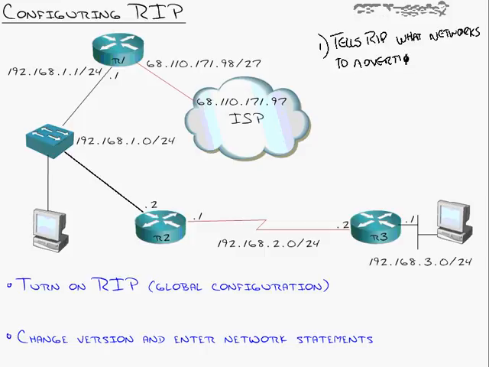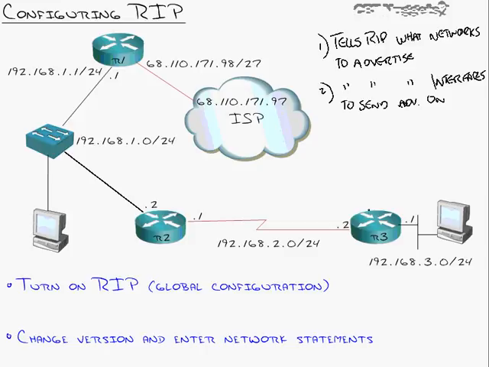The second thing it does is tells RIP what interfaces, and this is going to be some horrible English, but I can't think of a better way to say it, tells RIP what networks to advertise, and it tells RIP what interfaces to send advertisements on. Those are the two things that the network command does.